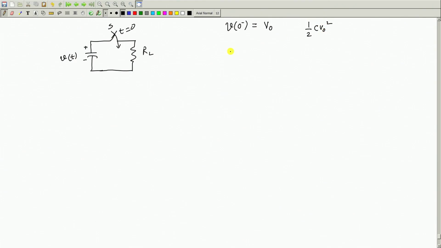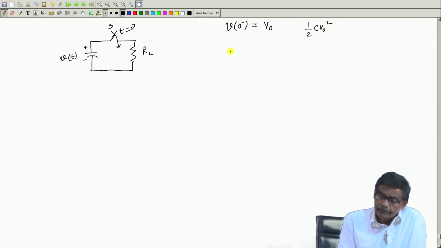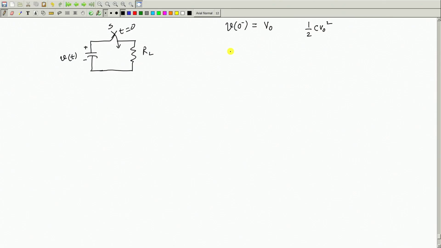It will act as a source. And we want to find out how the current in this circuit will flow and how the voltage across the capacitor, as it discharges, will lose voltage and decrease.